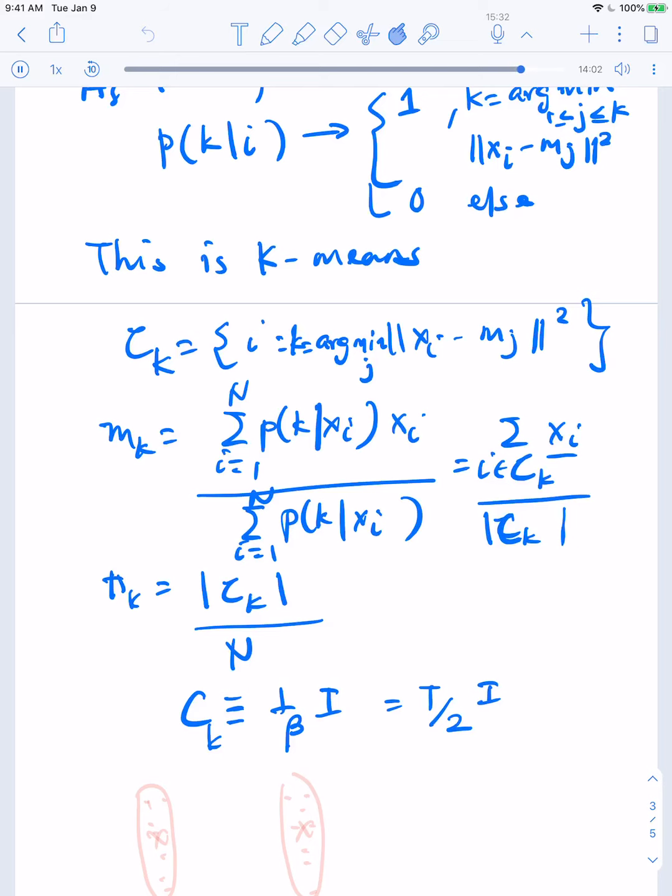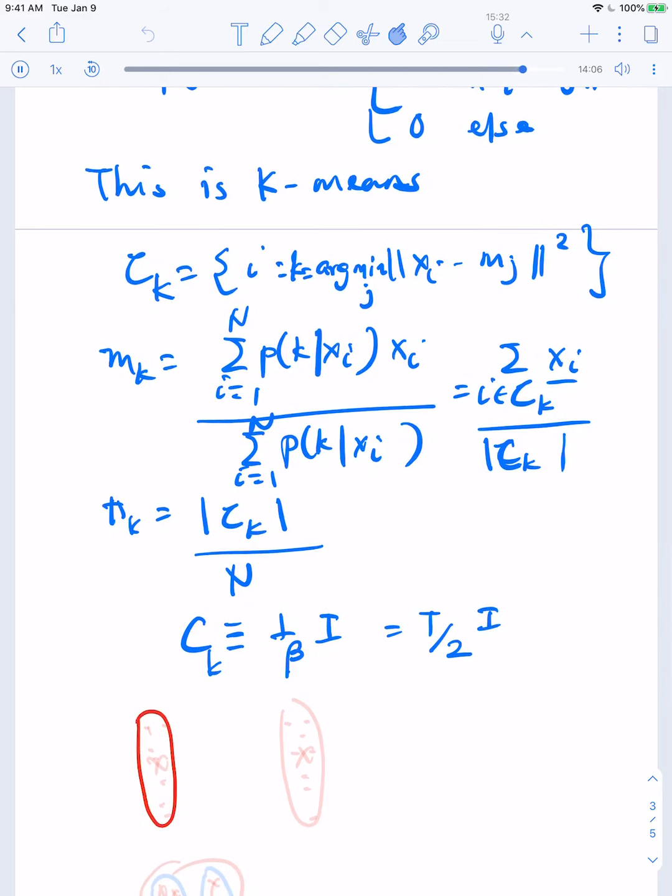So let me just give an example. If I have an odd shape like this of data points, a bunch of data points here, and another odd shape like that, a bunch of data points here, and I give you two clusters, you might map them like this and you would be happy.